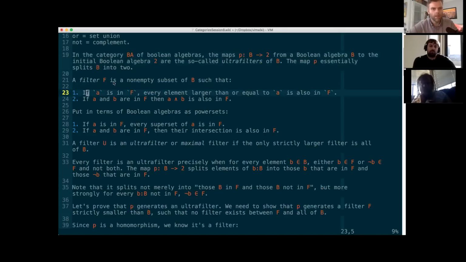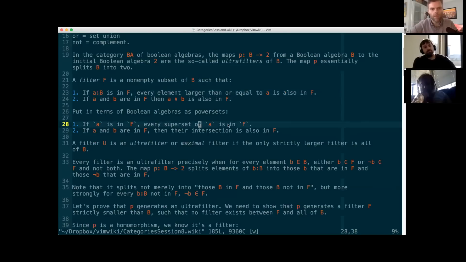So it's a non-empty subset of the set B, such that if A, an element of B, is in F, then every element larger than or equal to A is also in F. So we can say if A is in F, then every superset of A is in F as well, if we think of it as power sets.